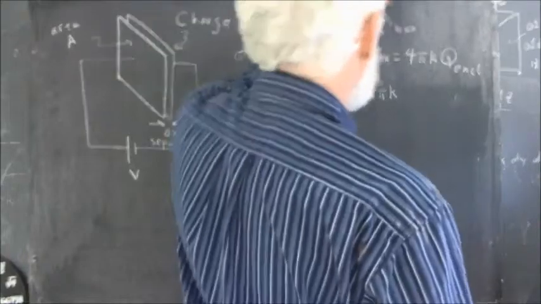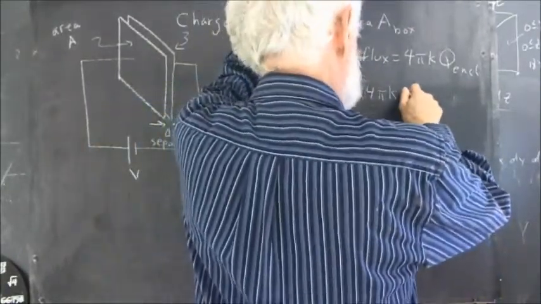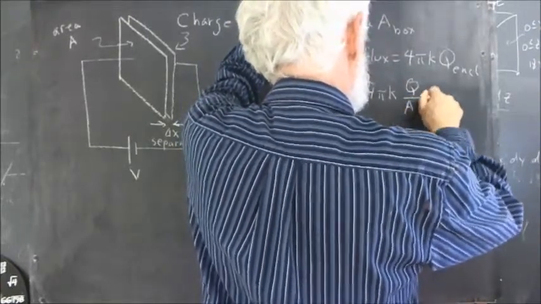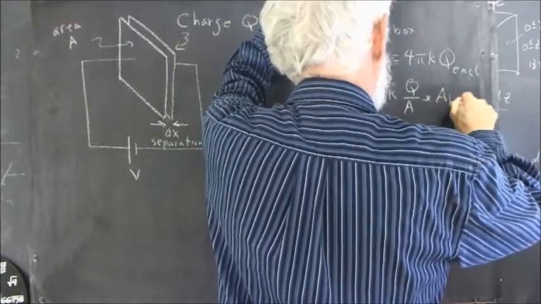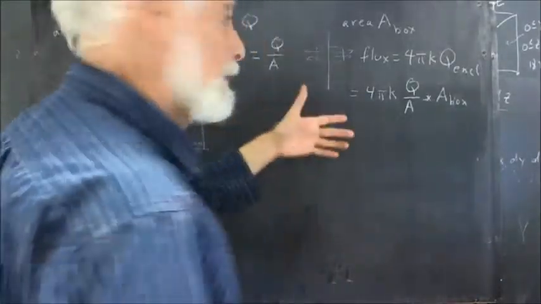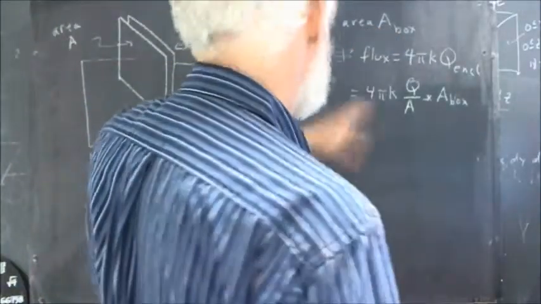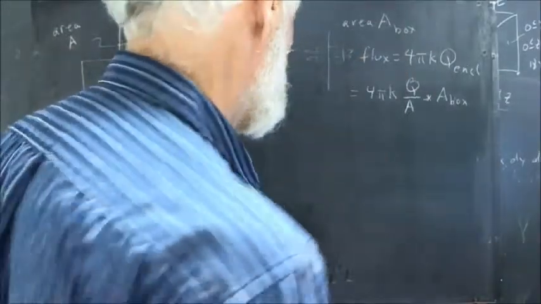And again, area of the box is the area enclosed by the box. But that's going to be Q over A, the density, times the area of the box. Now, the area through which the field escapes is double the area of the box. So area of the box is going to end up being divided out. So it doesn't really matter what the area of the box is.